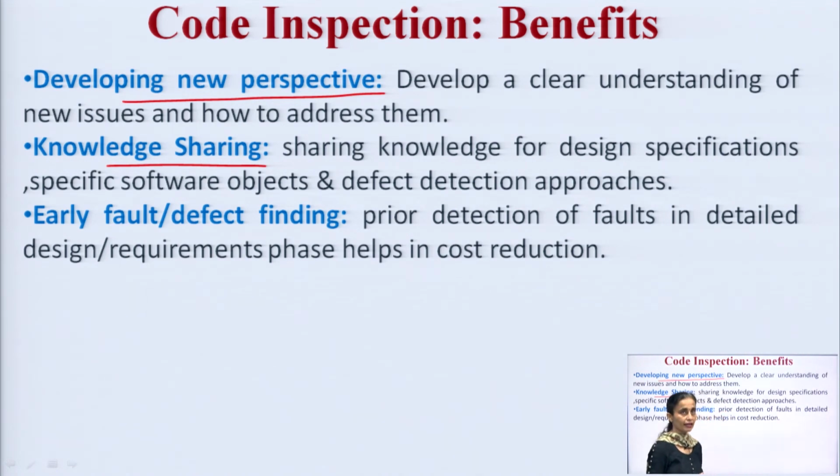Then the third is early fault finding, that is, prior detection of faults is possible during the design and requirement phase only. That further reduces the cost of our software, because these faults are not carried through to the testing phase, they are detected early. So, that is the benefit again.